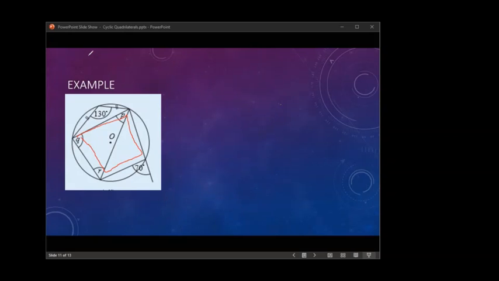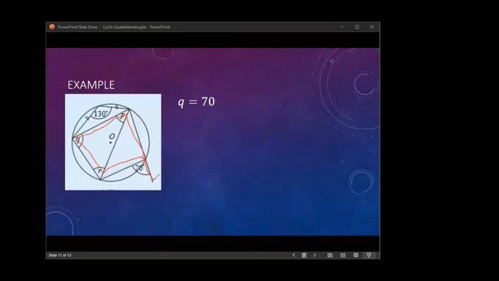We just identified there are two cyclic quadrilaterals. So how do we do this? I'll show you the steps. Q is 70. So how do I write Q is 70? We have a cyclic quadrilateral here.